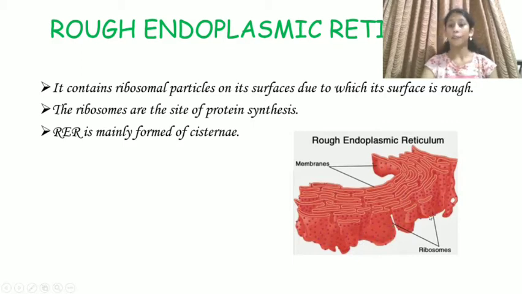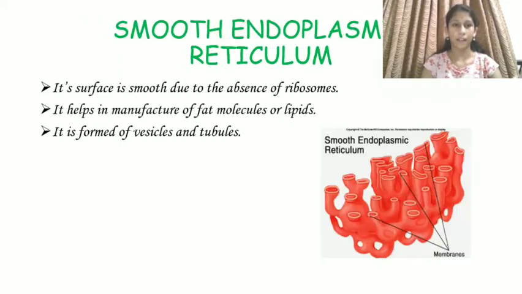Those are ribosomes. That's why its surface is rough. The ribosomes are the site of protein synthesis, and they help in the synthesis of proteins. RER is mainly formed by cristernae.